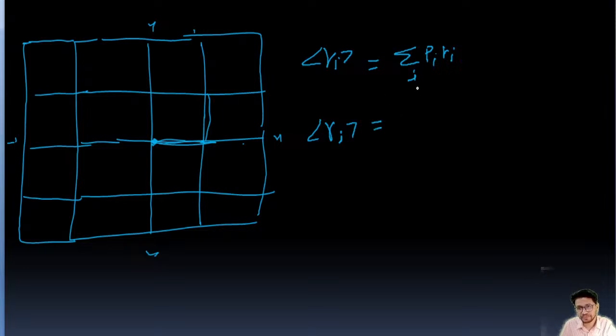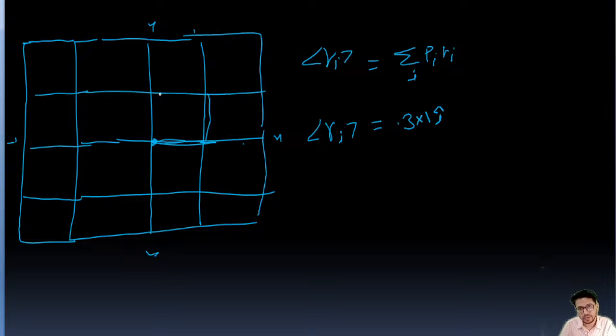This is going to be the probability of going in the x direction, 0.3, into 1 i cap. The i cap shows the direction, because 1 is the lattice constant of unity.